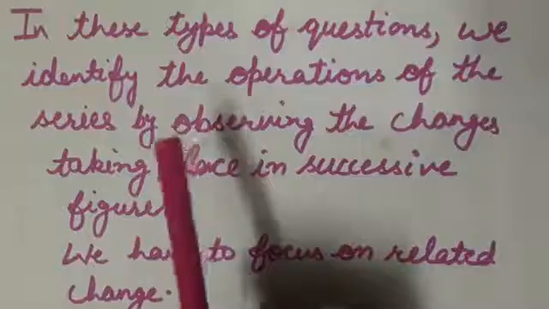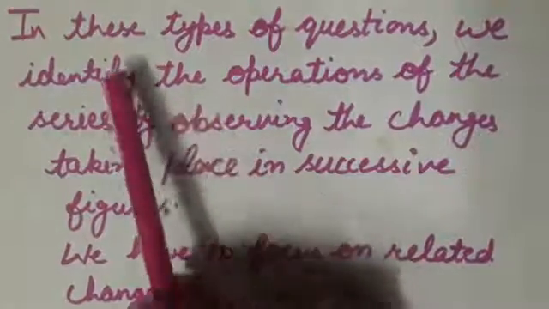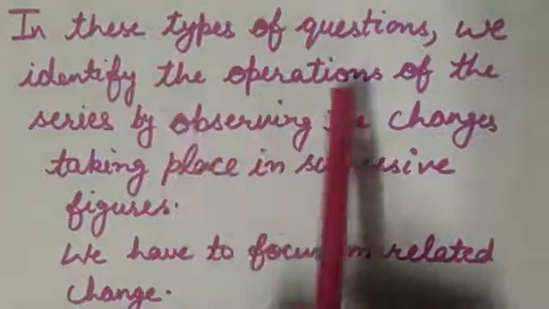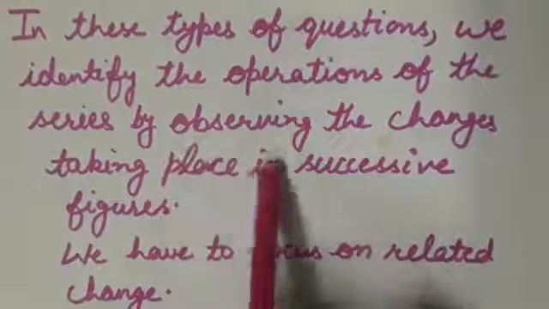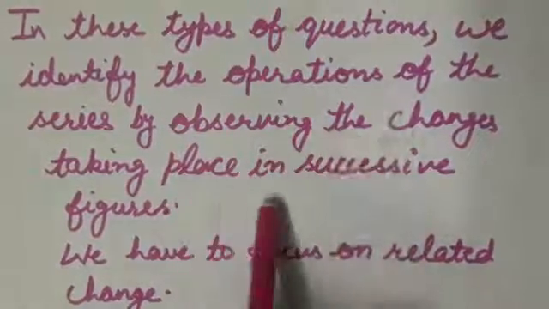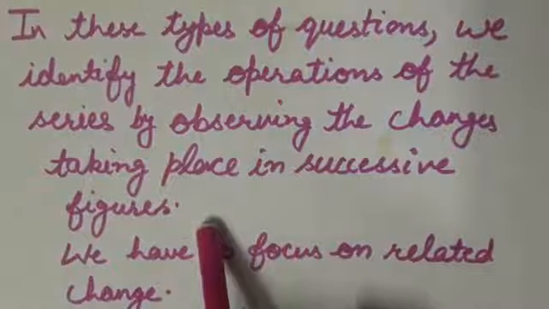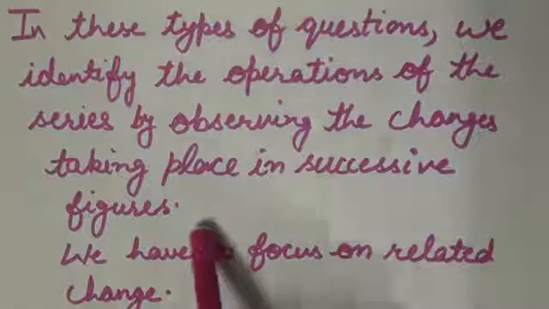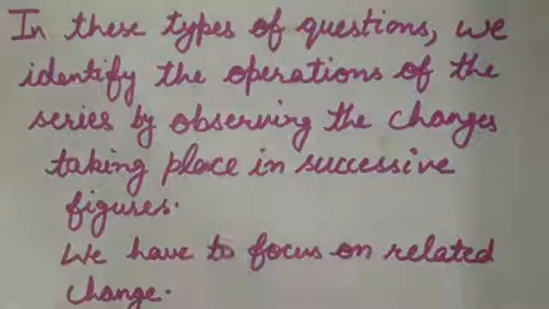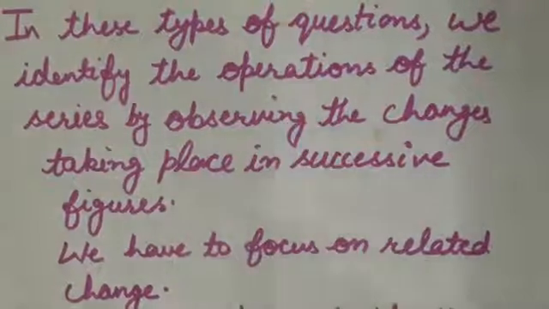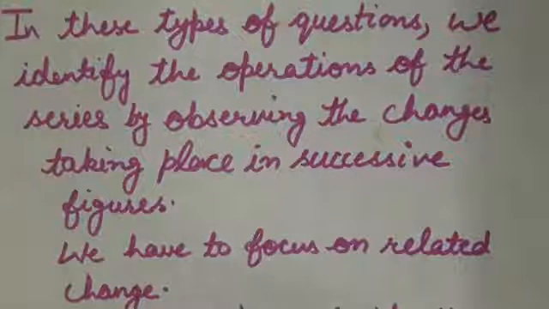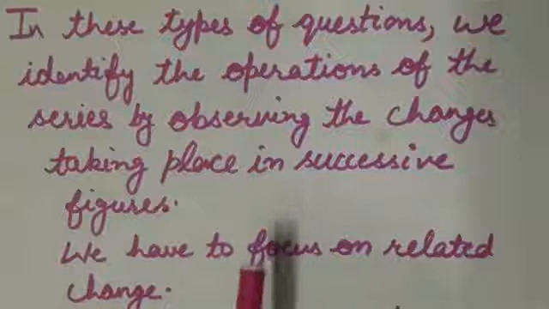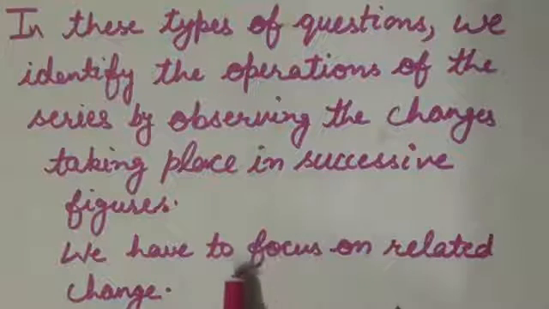Now, let's recall the definition. In these types of questions, we identify the operation of the series by observing the changes taking place in successive figures. What we have to see? We have to see the changes of the successive numbers. That is, for the next number in the series, we have to observe the changes, and after observing the changes, we have to complete the series.